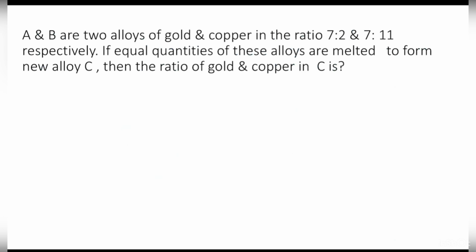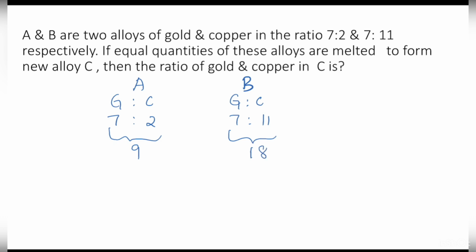So A has gold and copper in the ratio 7:2 and B has them in the ratio 7:11. When we add these ratios, it is 9 parts here and 18 parts here. But equal quantities have to be melted, so I will balance this. So how to balance this?